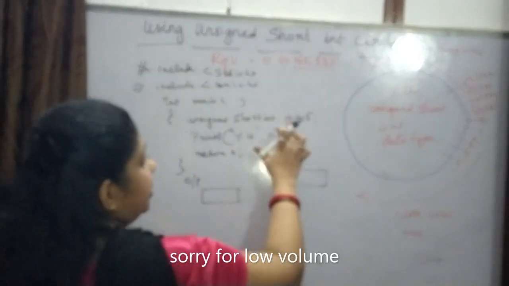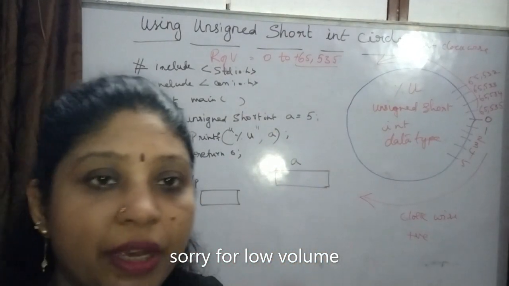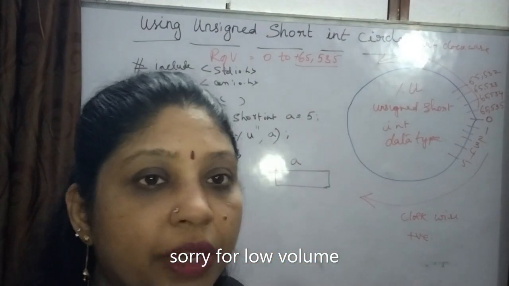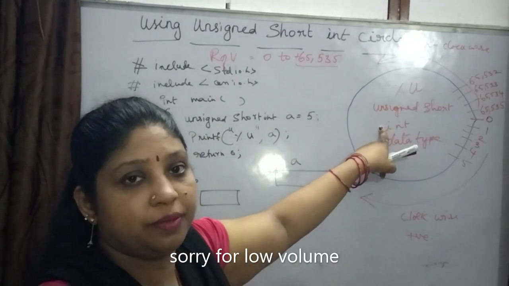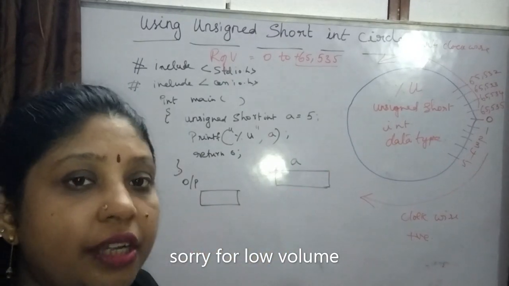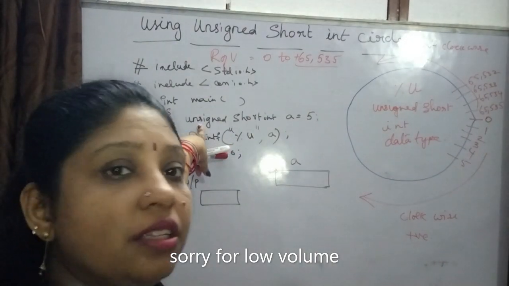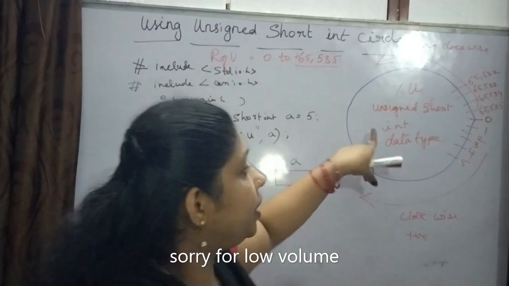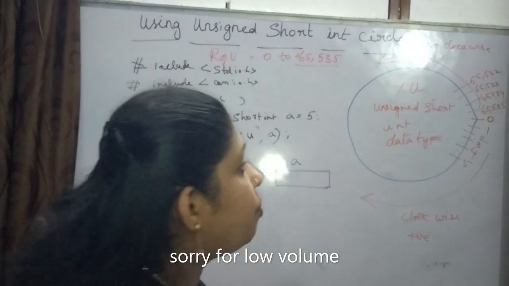So after execution, when compiling starts, the moment the compiler comes to this place, it enters into the unsigned short int data type, because I have declared it as unsigned here. So it will enter into this circle. Now what does it do?